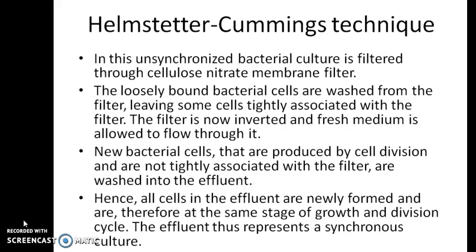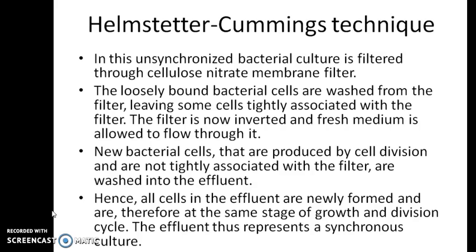In this, an unsynchronized bacterial culture is filtered through a cellulose nitrate membrane filter. The loosely bound bacterial cells are washed from the filter, leaving some cells tightly associated with the filter. The filter is now inverted and fresh medium is allowed to flow through it. The new bacterial cells that are produced by cell division and are not tightly associated with the filter are washed into the effluent.